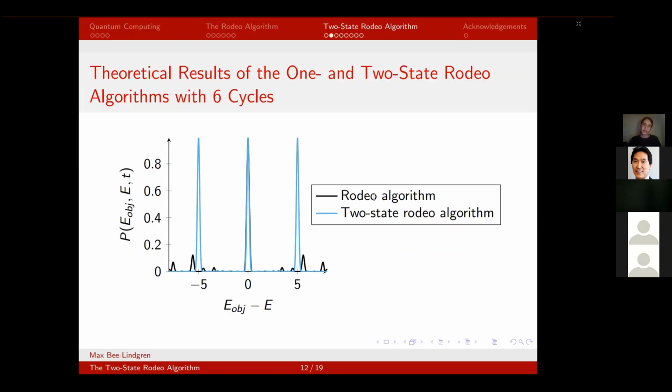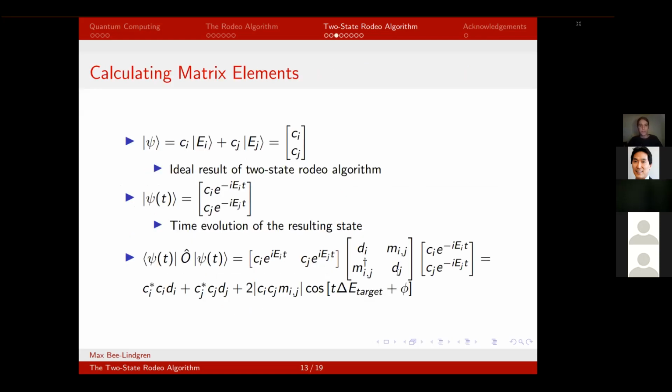So this is all well and good, but what can we actually do with this? One area of interest is those transition matrix elements. What we do after we run the Rodeo algorithm on a system is we time evolve that system again.